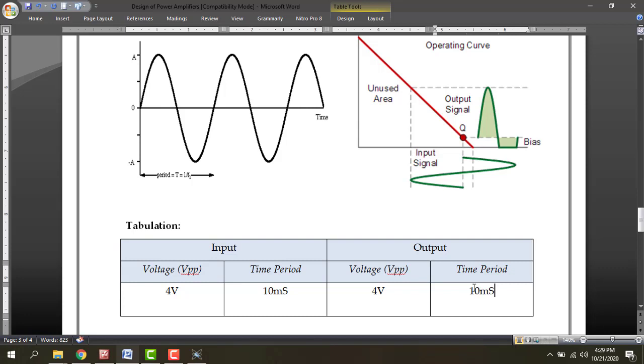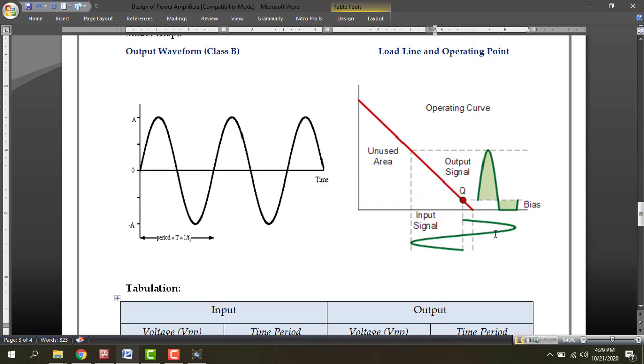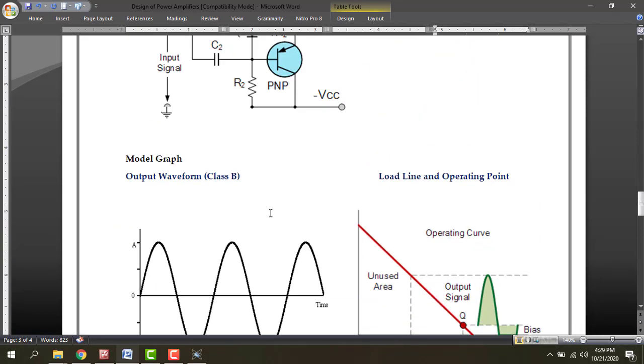So we have taken the class B as well as class AB amplifier readings. You should make a graph for them. For that reading, input as well as output, you should make a graph and submit it in the Moodle. If you have any doubts in this regard, you can contact us personally.